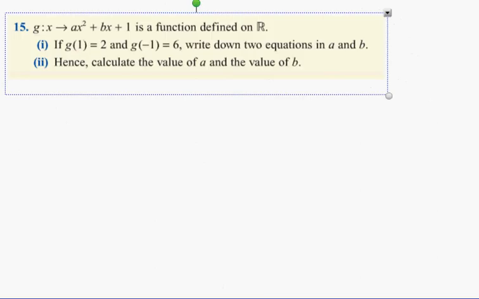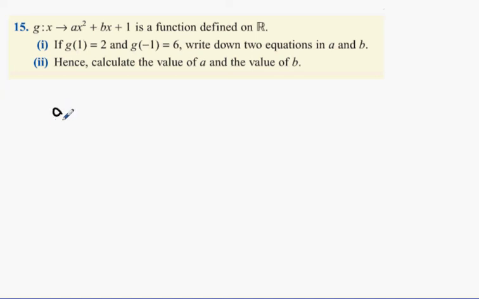Well, most of us. Now, what we have next is g(1) equals 2, g(minus 1) equals 6. Write down two equations in a and b. Okay, Declan, what do we do with g(1)? Okay, so very easy to make an attempt here, isn't it?